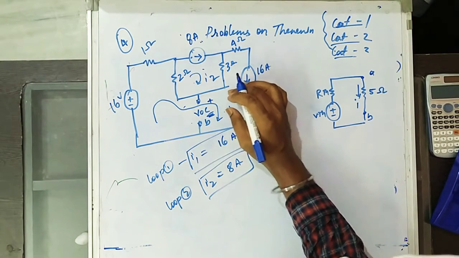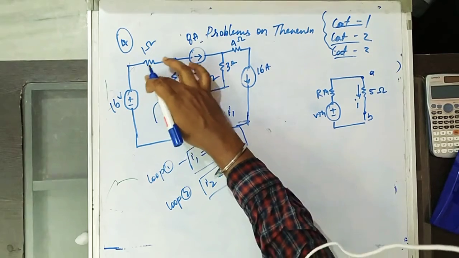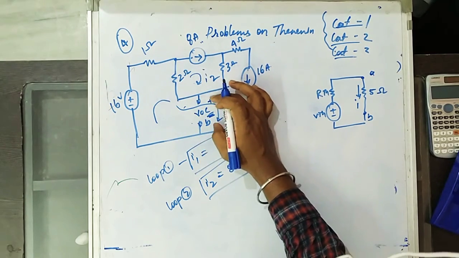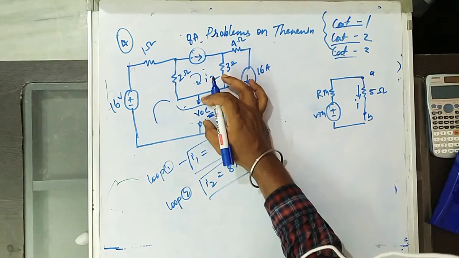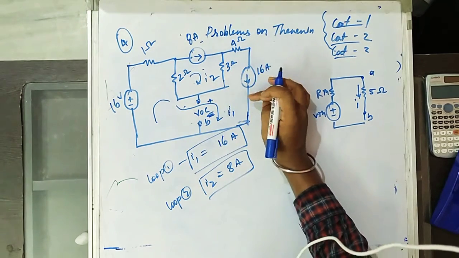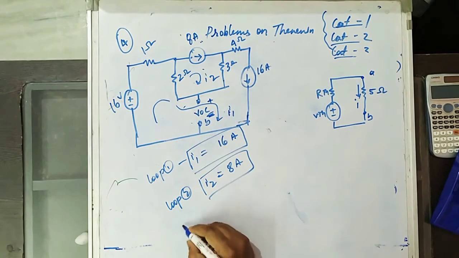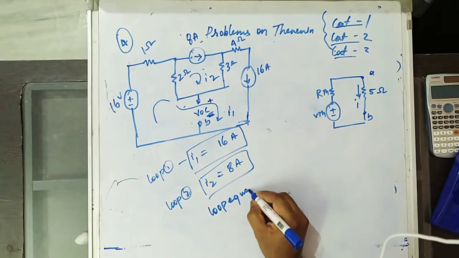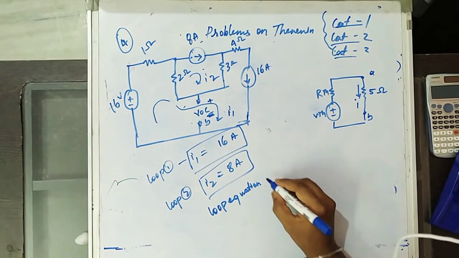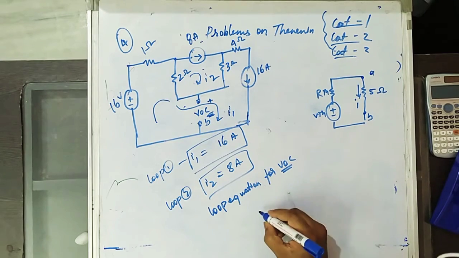For any circuit, if we have an open circuit voltage, there will be a loop to find that VOC. Here, this is one internal loop and this is another loop. If you choose this loop to find VOC, writing the loop equation is very important.